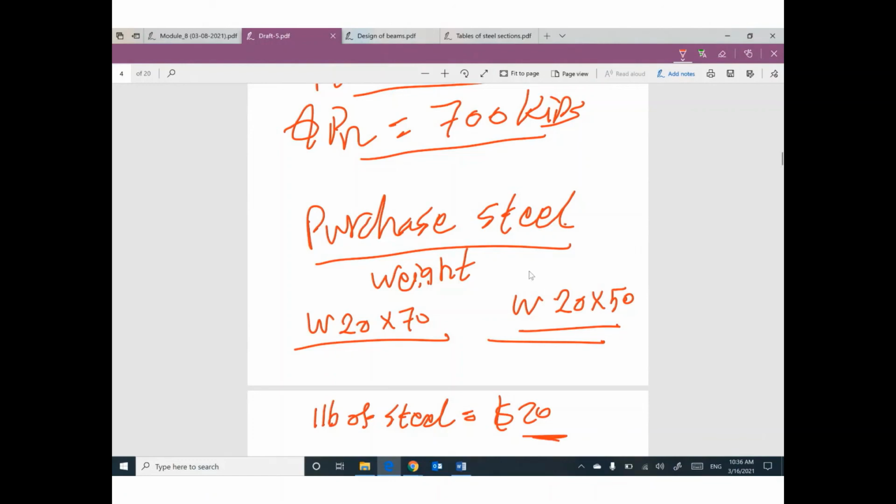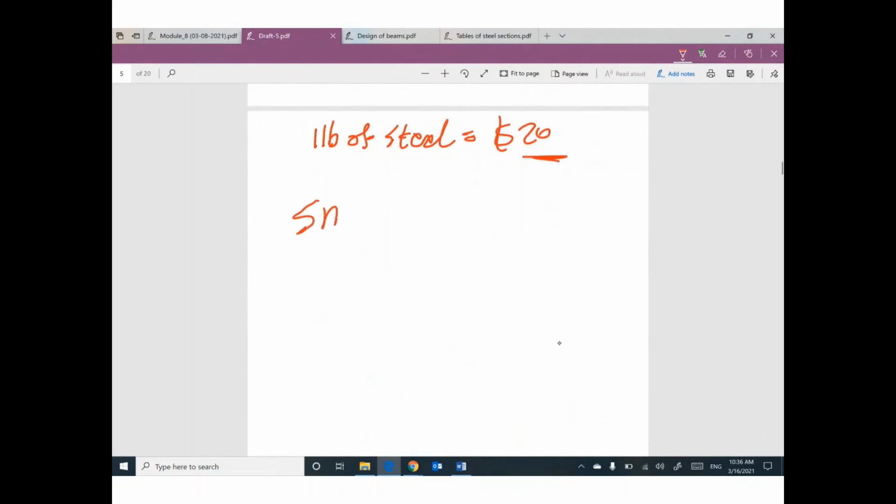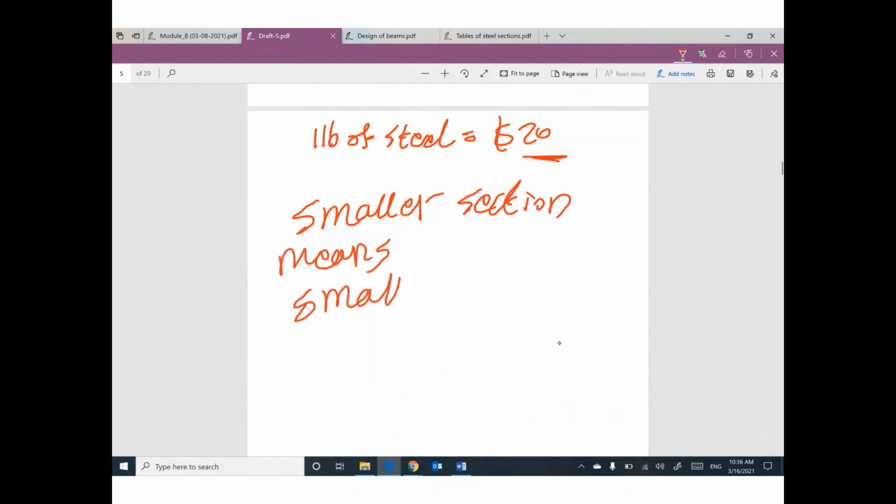So for steel, we need to be more sensitive about how much weight you are using. And remember, smaller section means smaller weight. Because we understand W20 times 50 and W20 times 70: what is the difference?